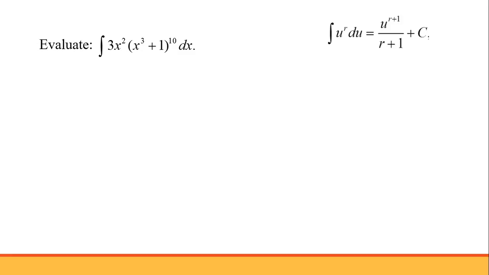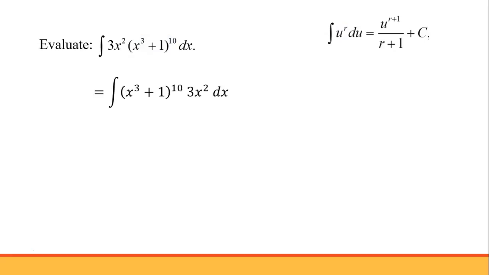What we can notice is that our integral looks a lot like the integral of u to the r, because in both cases we have something raised to a power. In our case, it's x to the third plus 1 that's raised to a power.